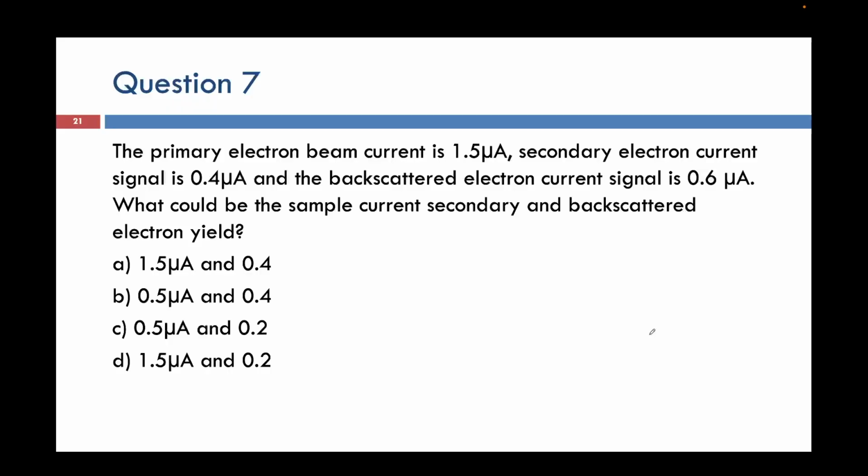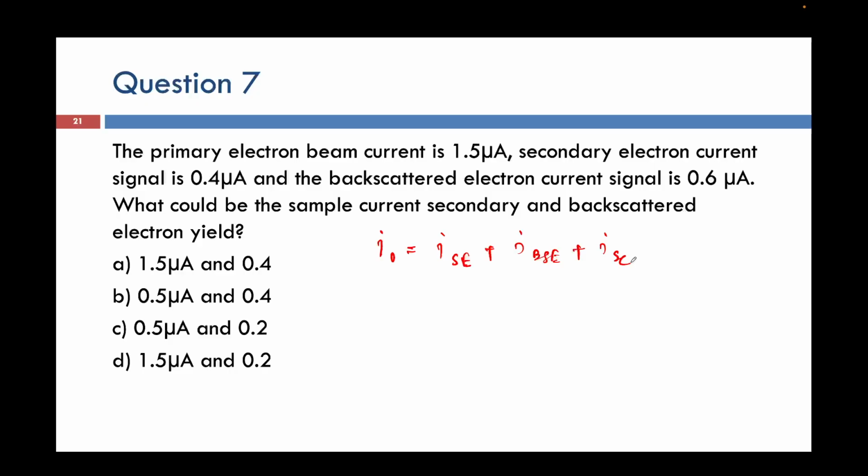So the total beam current is given by I secondary plus I backscattered plus I sample current, ISC. From here you will be able to calculate the value.